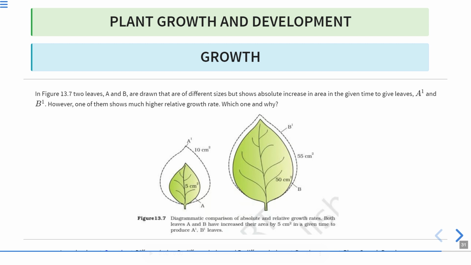So what is the difference? In the first case there is an increase of 5 centimeters square, and in the second case also 5 centimeters square. So both leaves A and B have increased their area by 5 centimeters square in a given time to produce A1 and B1 leaves, right?